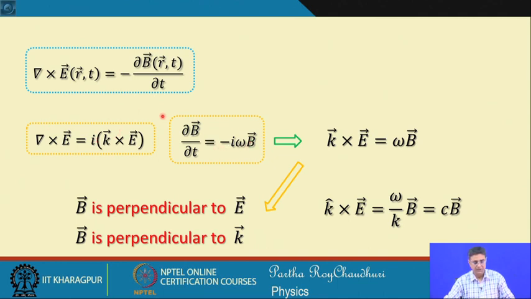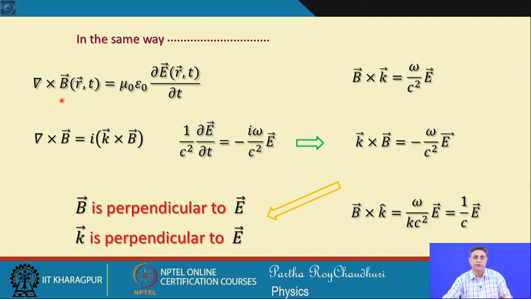So, we can use these two expressions to arrive at the conclusion that k cross E must be equal to omega B. That is a very beautiful relation which says that the B vector is perpendicular to E and the B vector is perpendicular to k. That means B vector must be perpendicular to the plane containing the vector k and the vector E.